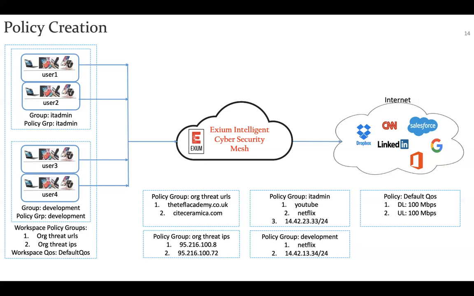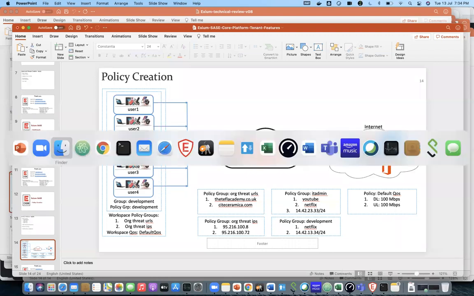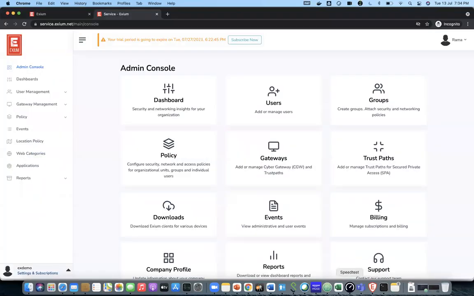Now we'll go into the admin console and see how these policies are in action. When you log into the XGM admin console, you will see the policy tab. Click on the policy tab.